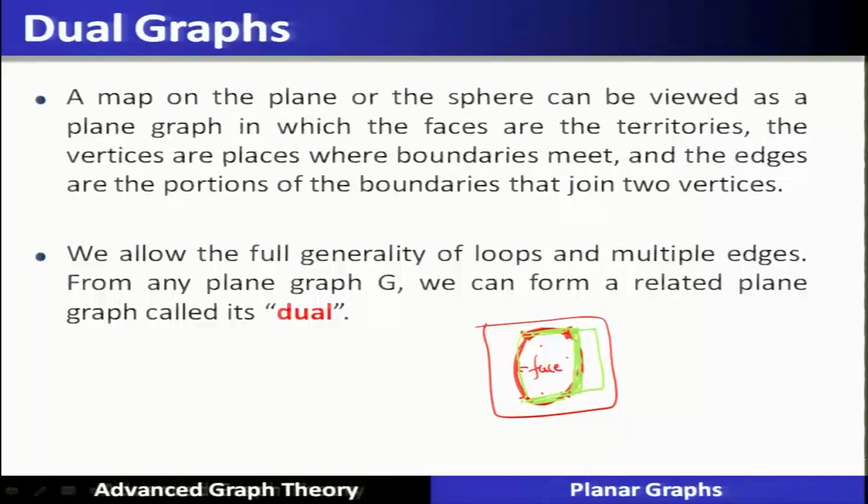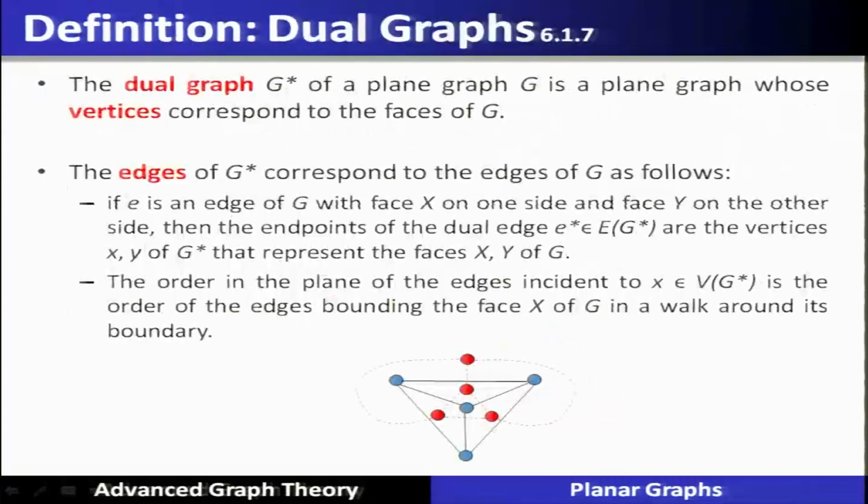Now, we allow the full generality of loops and multiple edges. From any plane graph G we can form a related plane graph which is called its dual. The dual of a graph, denoted G star, is a plane graph whose vertices correspond to the faces of G. The edges of this dual graph correspond to the edges of G as follows.